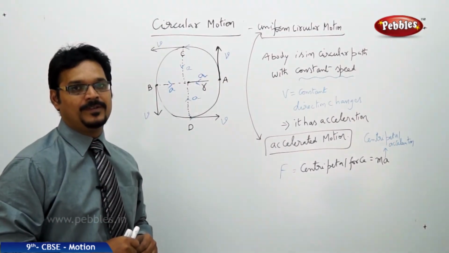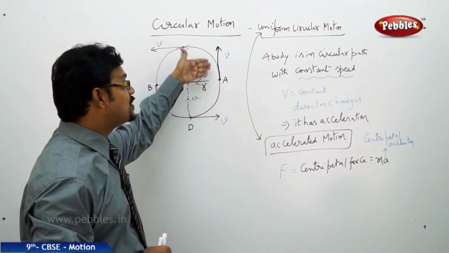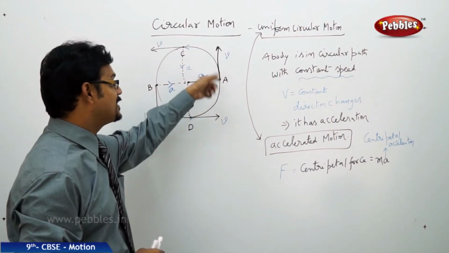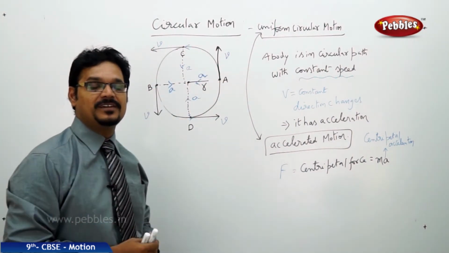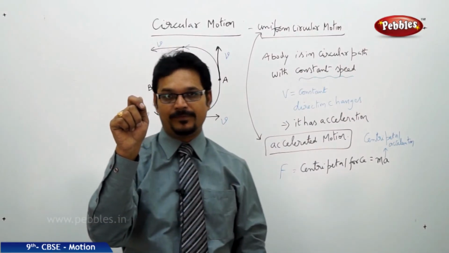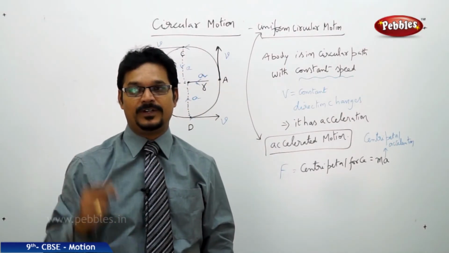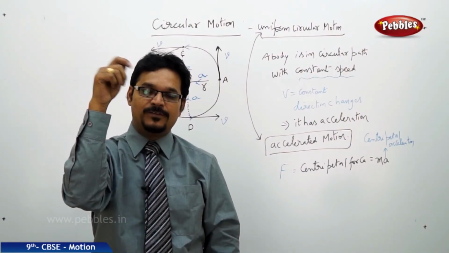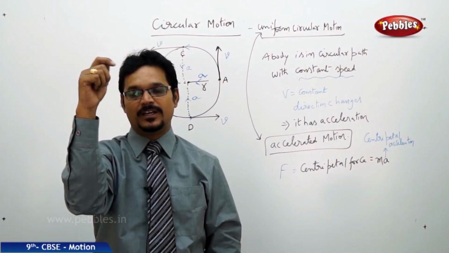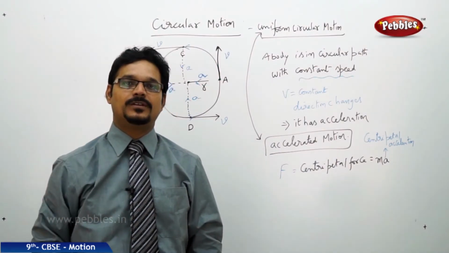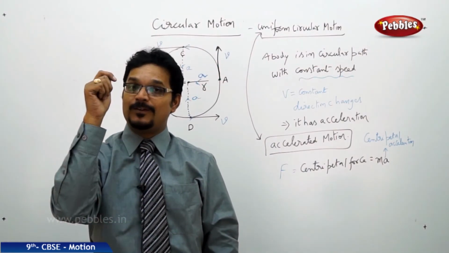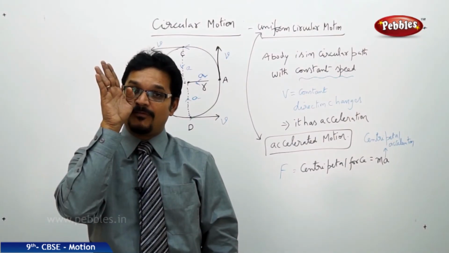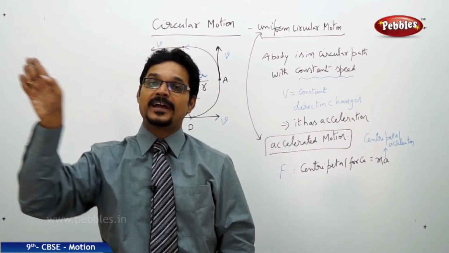No. The body will move in a tangential path because the velocity is along the tangent. So when you are whirling a rope tied to a stone like this, and if you leave the string suddenly, then what happens? It doesn't move in a circular path. At whatever point you left, from that point it goes in a straight tangential path.